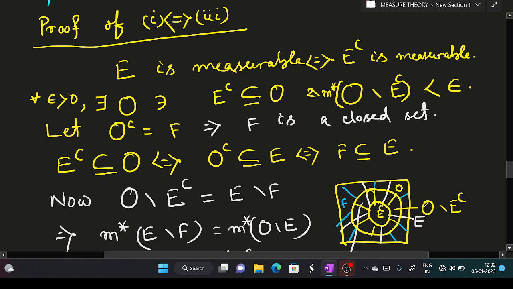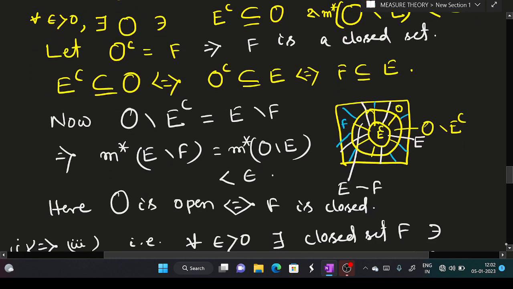Now observe the diagram. The inside structure is E complement and the outside circle-like structure is my O. So what about O complement? The portion belonging to the region outside O, that is my F. And E complement's complement is E, that is this portion.